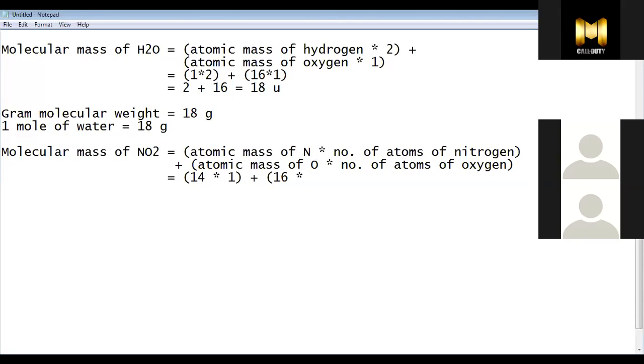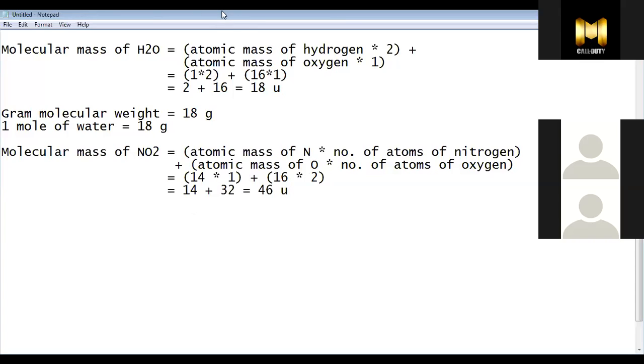Multiplied by how many atoms of oxygen are present in NO2? 2. Yes, great. So the calculation becomes 14 into 1 gives us 14 plus 16 into 2 gives us 32, giving us 46. So the molecular mass of NO2 is 46 U.